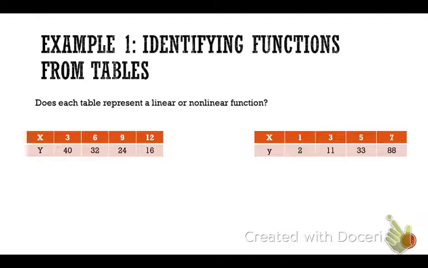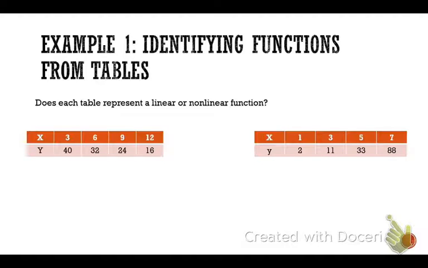All right, in example 1, if you remember back in section 7.1, so this is Monday, we said as x increases by 1, y decreases by 4. Do you guys remember that problem? So that's what we're looking for here. Do my x values and y values, they don't have to increase by the same number top and bottom, but is there a constant rate?